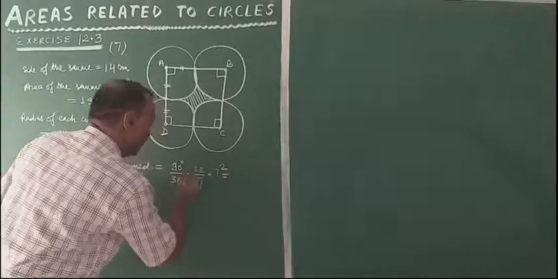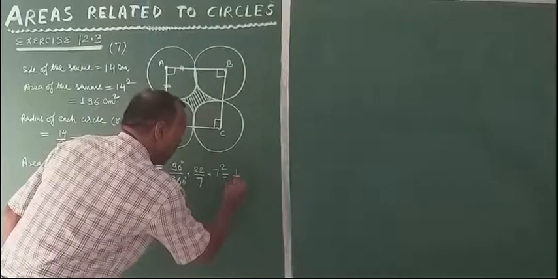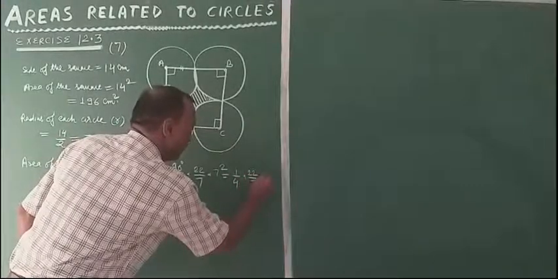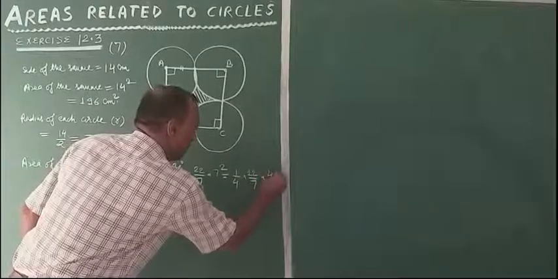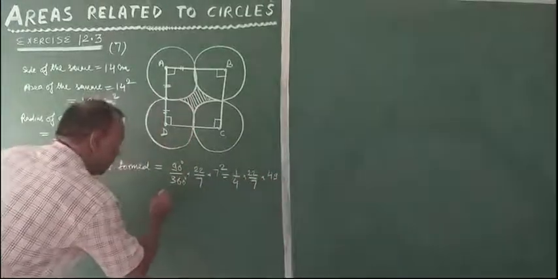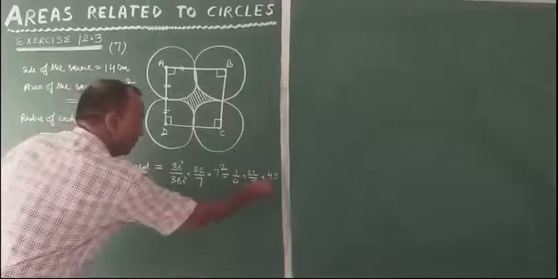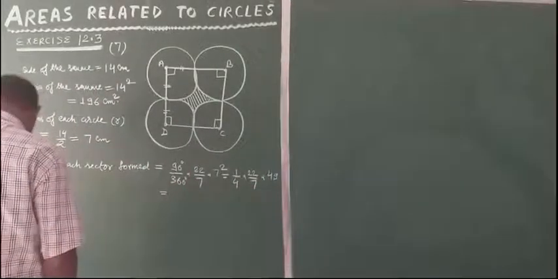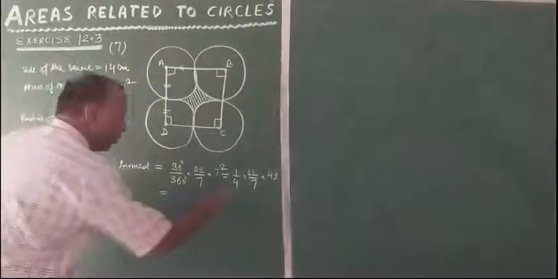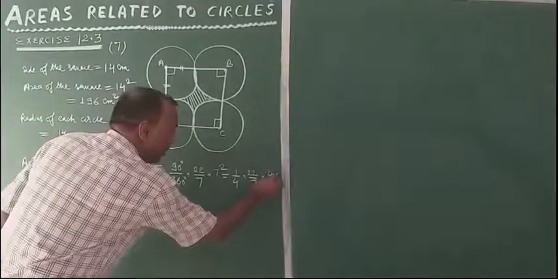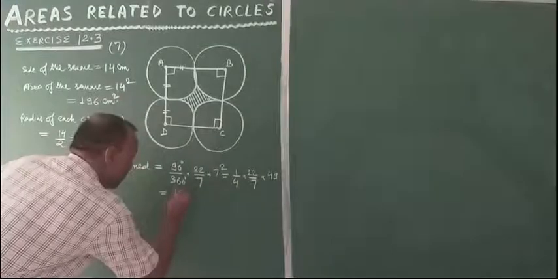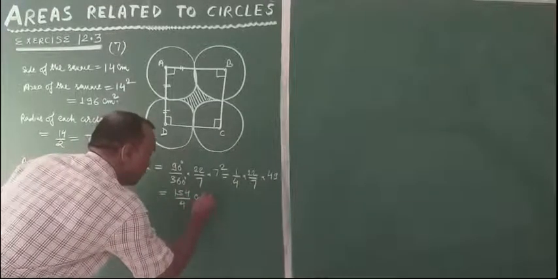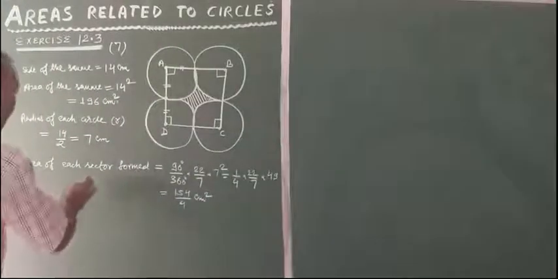This will be 1 by 4, 22 upon 7 and 7 sevens are 49. So this will be 154 upon 4 centimeter square. This is the area of each sector.